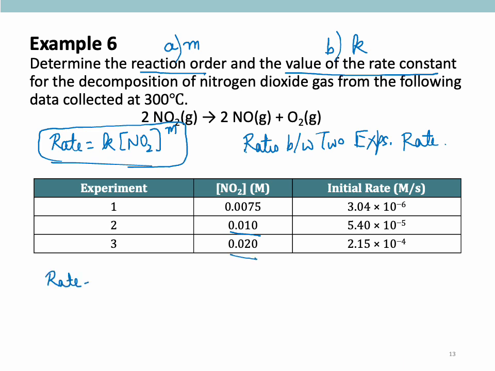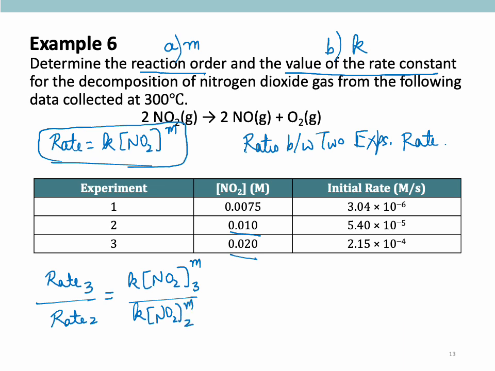So rate of 3 divided by rate of 2. You can also do the reverse, it doesn't matter. Equals to what? k NO2, because this is reaction 3, to the power of m, over k NO2 to the power of m, because this is reaction 2. Now from here I know k and k are the same, so they'll cancel out, which means I can plug in the values now.